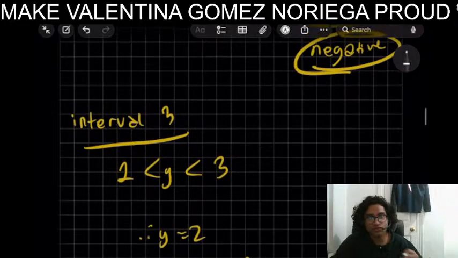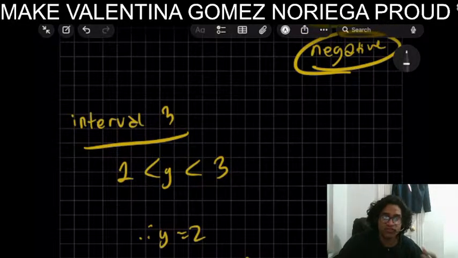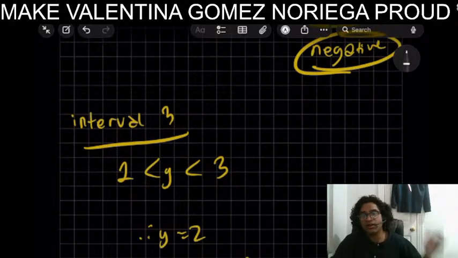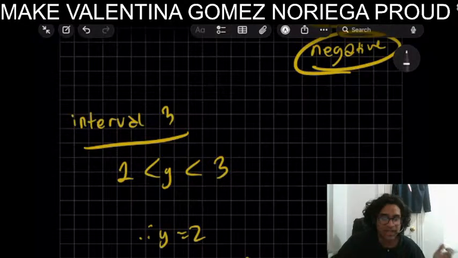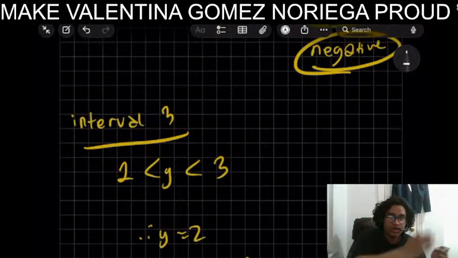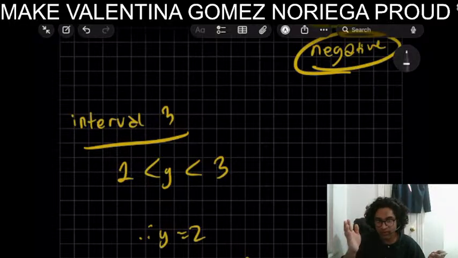And to observe how the graph will look, you first have to get the behavior of the graph at y less than 0, for y between 1 and 3, and then y greater than 3.